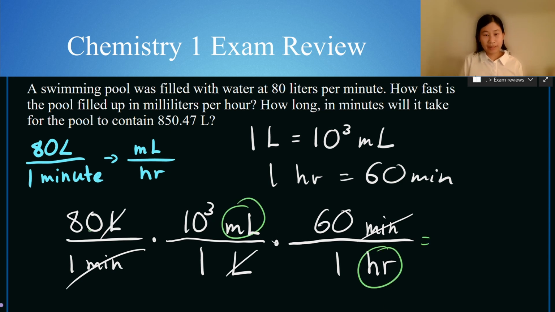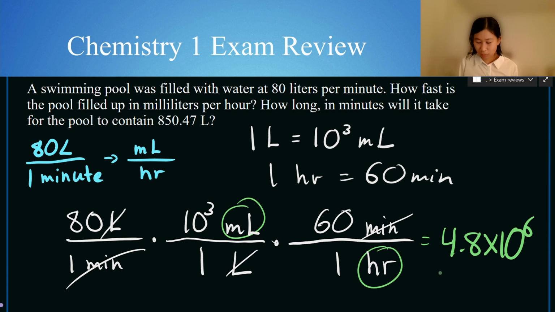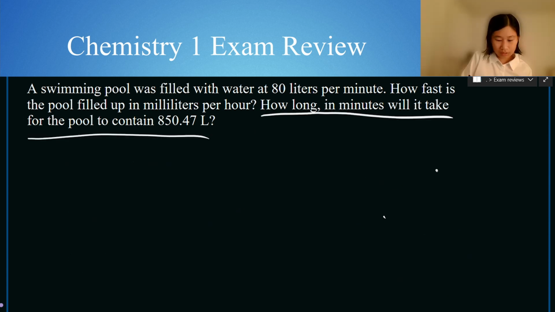Okay, so you're just going to multiply everything on the top divided by everything on the bottom, which essentially is just 80 times 10 to the 3 times 60. If you do this, you're going to get 4.8 times 10 to the 6, and that will be in milliliters per hour.